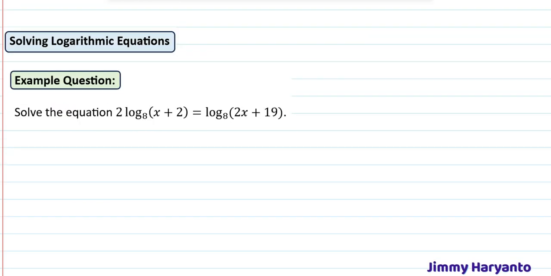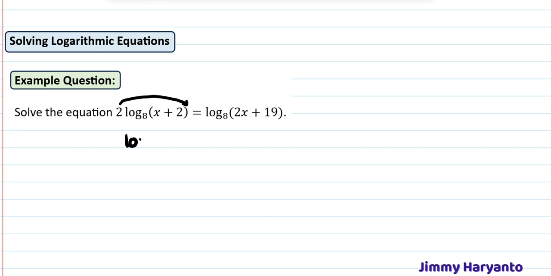Okay, next is to solve logarithmic equations. Basically, if you want to solve logarithmic equations, the left hand side and the right hand side have to be in the same logarithm. But if you cannot make it the same, you can use the conversion of logarithm into powers. So to make it the same, you have to move these two to the powers.